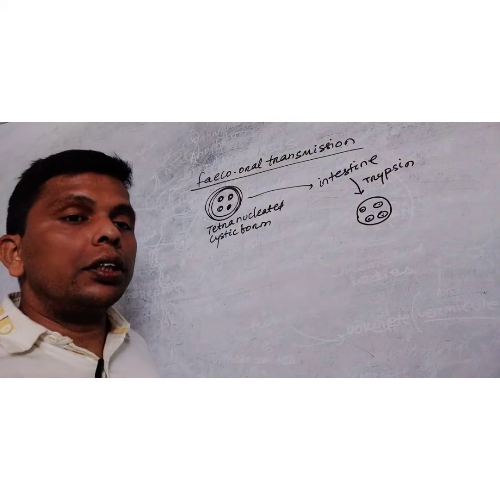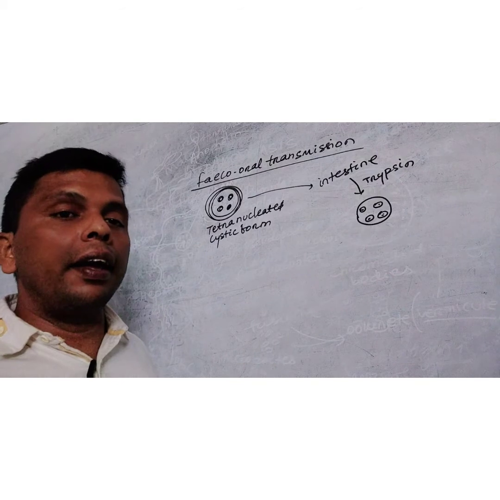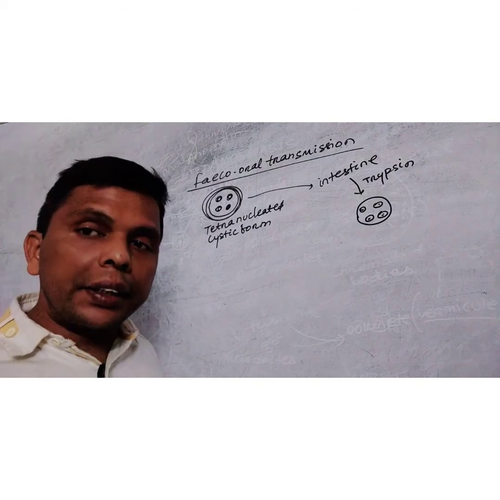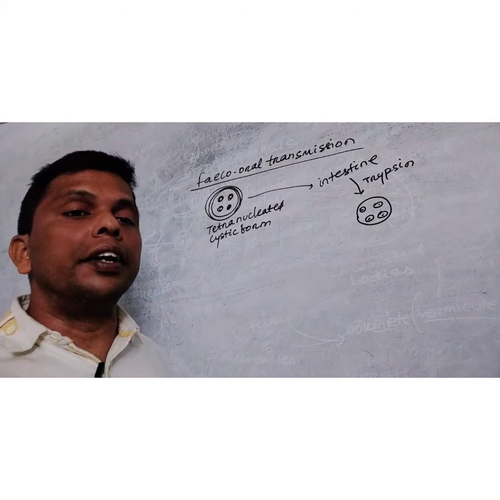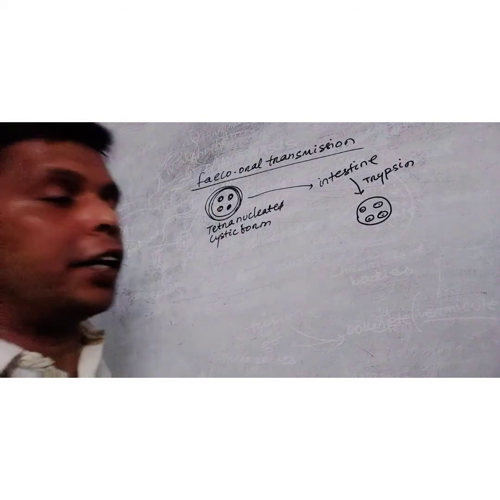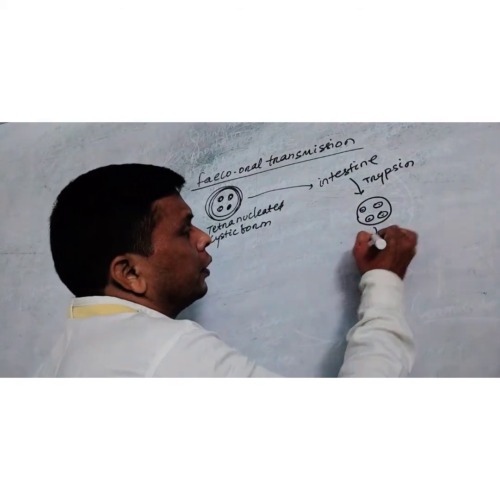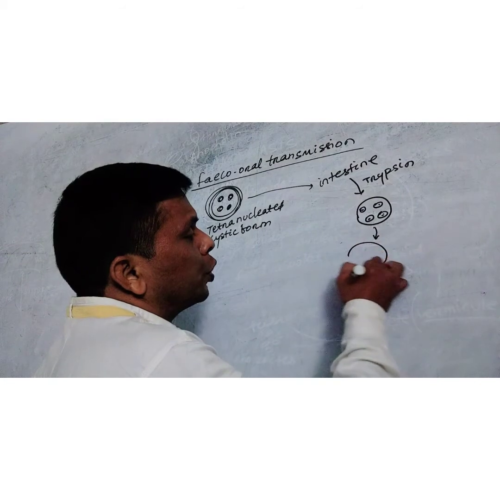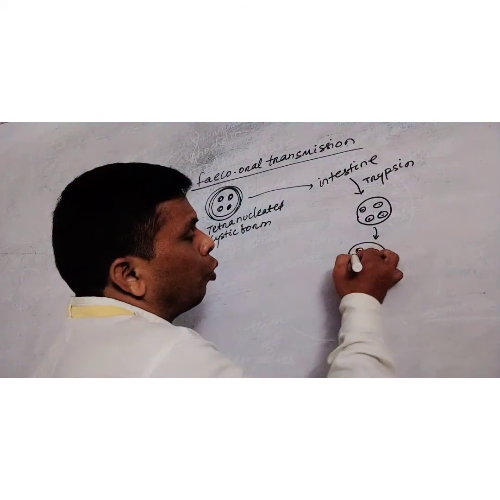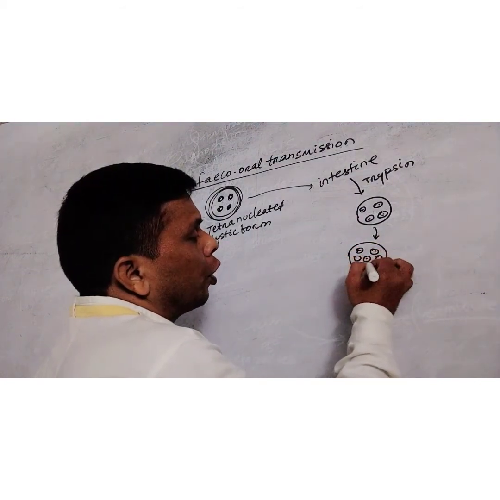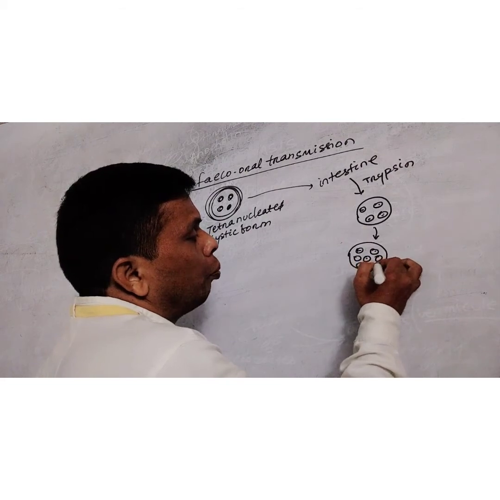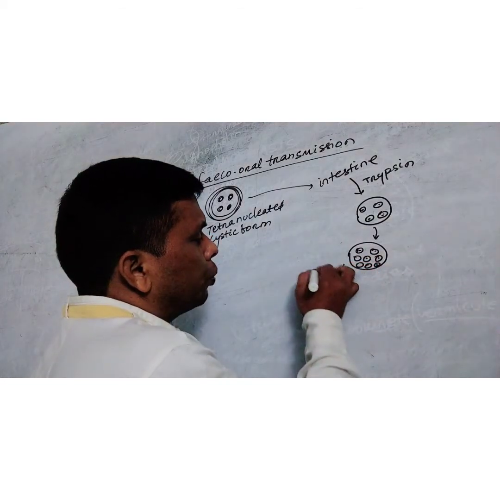At this region, in the intestine, it starts dividing by binary fission. The nuclear division takes place, followed by division of cytoplasm.